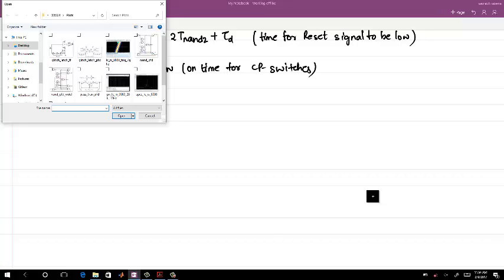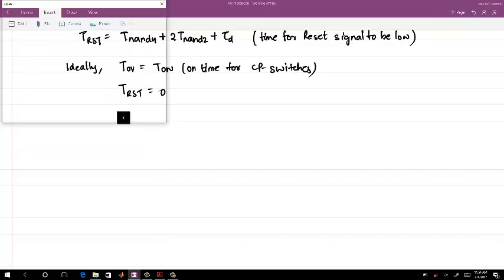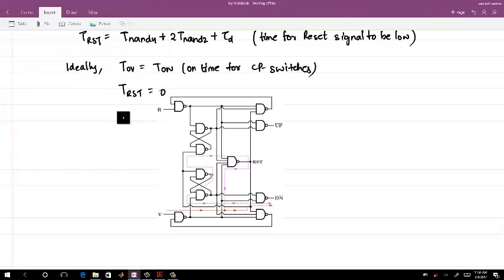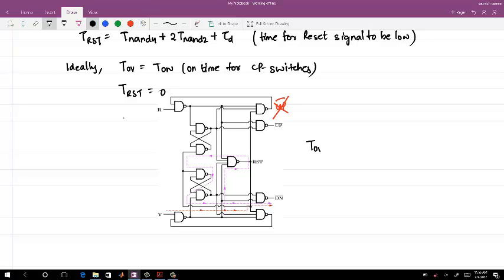But there is another circuit which is this one, where the up bar is no more this. I am taking up bar after a delayed version. So in this case, you do not change any of your T reset. The only thing that happens is your T overlap increases, by 2T NAND 2. I think you can check whether it's a 2T NAND 2 or 1.